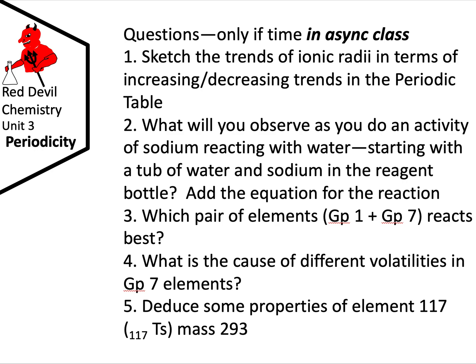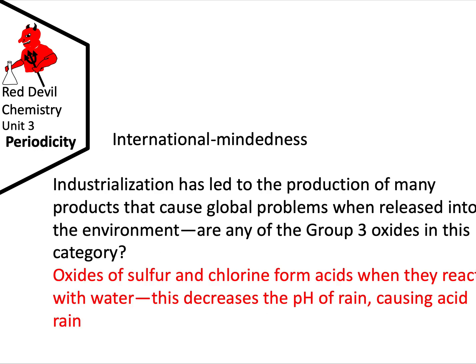So if you're pushed for time, this isn't a homework activity from the async classes, but if you do have time. And then the next slides really just go on through the IB items, and they've got some answers here, but they're relating to period 3 oxides specifically.